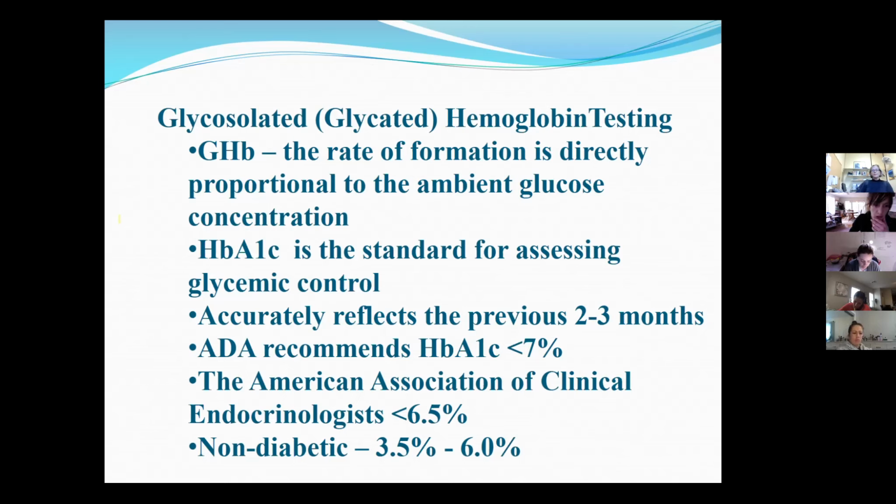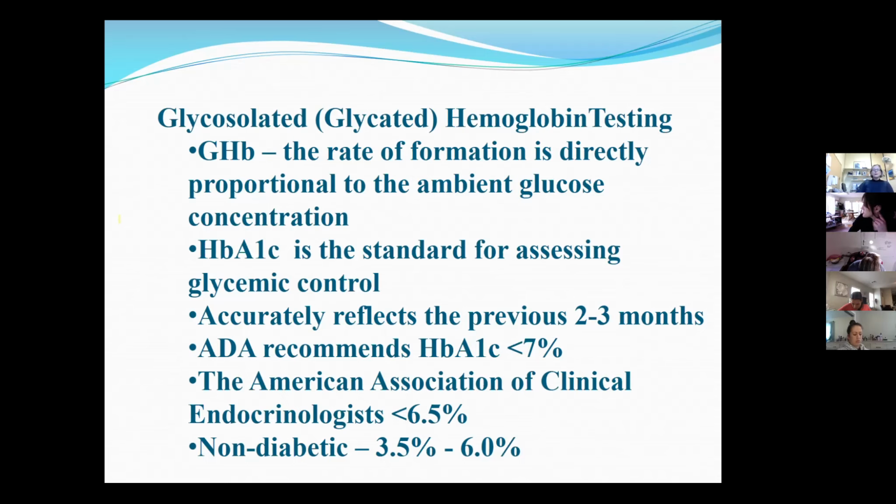What that means is that this blood test takes a look at a number of red blood cells and specifically looks at the hemoglobin to determine how glycosylated it is, meaning how many glucose molecules have attached to that hemoglobin.